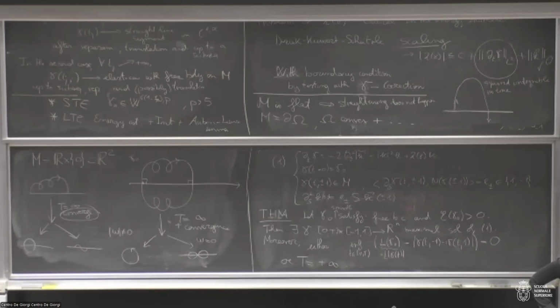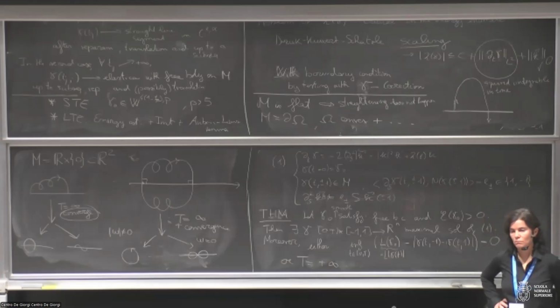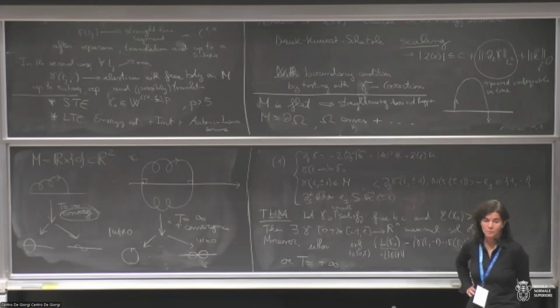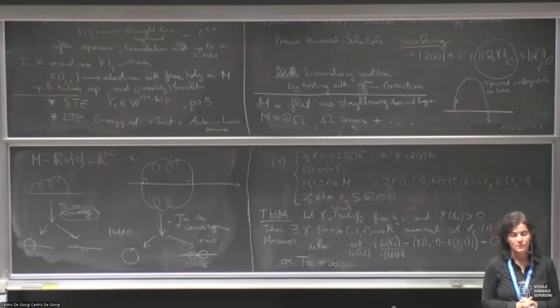You didn't say that when you talked about short time existence. Do you need to take a gauge, so to speak? You have a freedom of reparameterization. I use it, so yes, we choose. I know that the evolution is different.